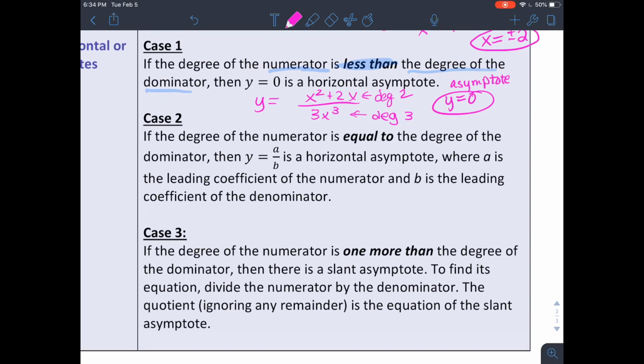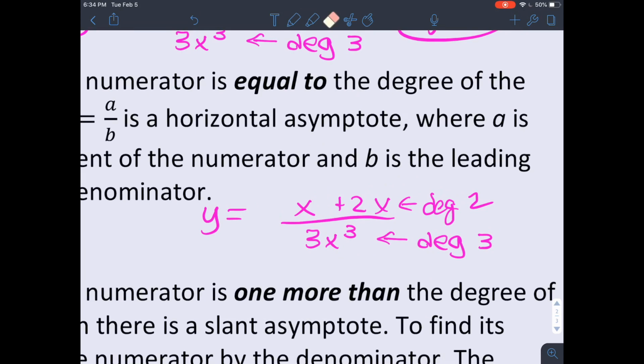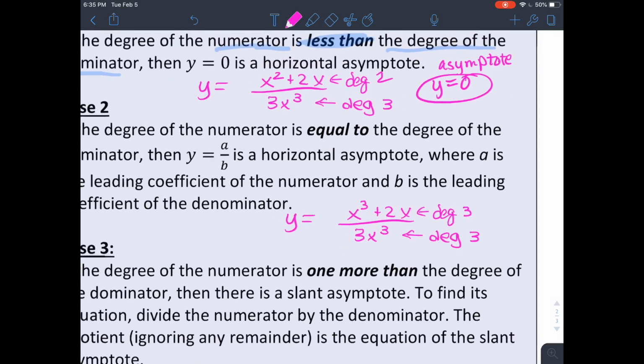Well, the degree on top doesn't have to be smaller than the degree on bottom. You could instead have a rational function where the degrees of your two polynomials being divided are equal. Let's change it up. If I switch that to x to the third on top, then those are both degree 3 polynomials.